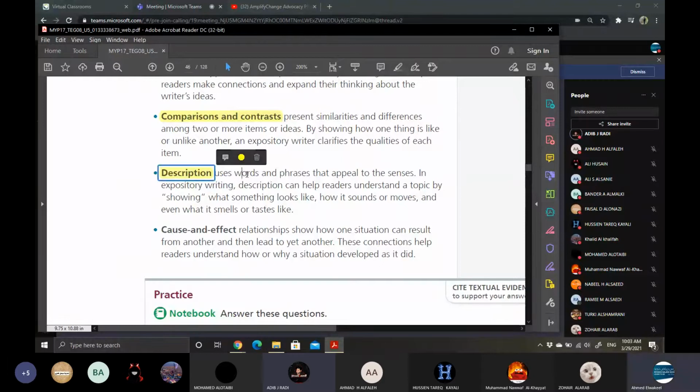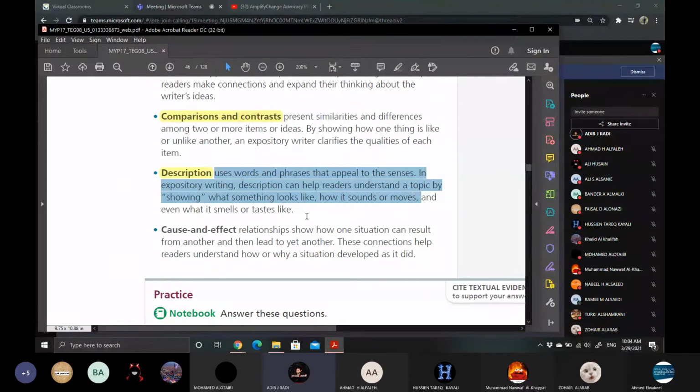Description uses words and phrases that appeal to the senses, and expository writing can help readers understand a topic by showing what something looks like, how it sounds or moves, and even what it smells or tastes like.